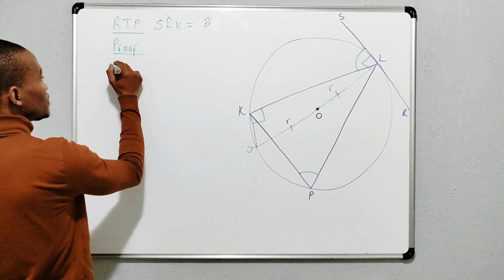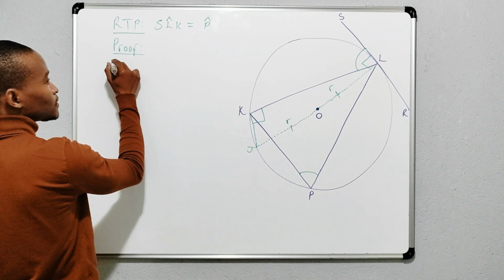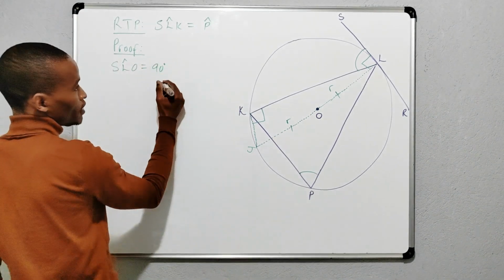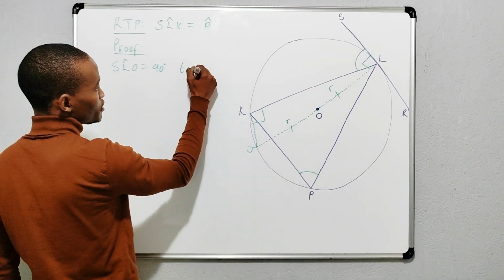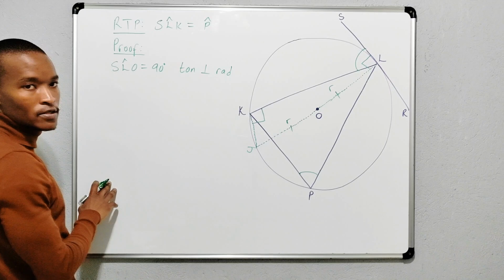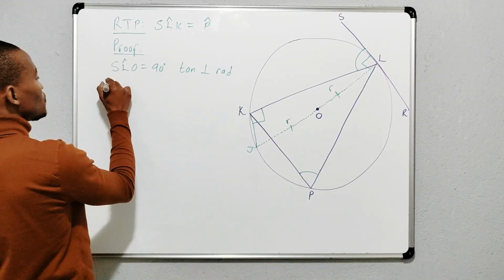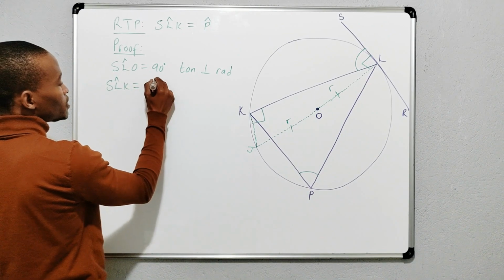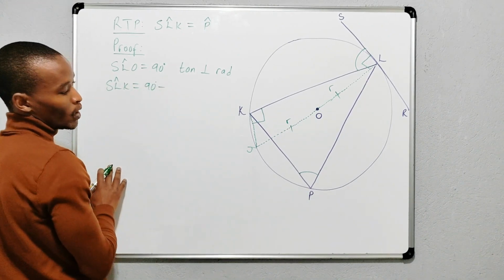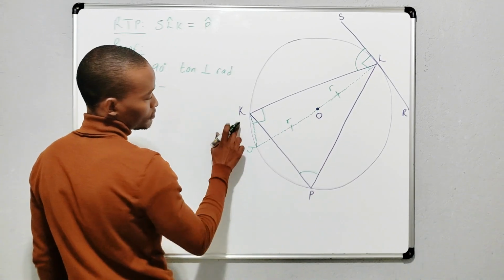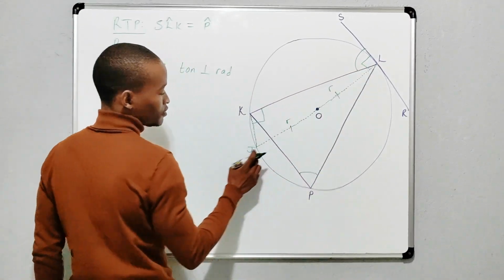We know that angle SLO is equal to 90 degrees because a tangent is perpendicular to a radius. Okay, so therefore angle SLK will be equal to 90 degrees minus what? KLJ.